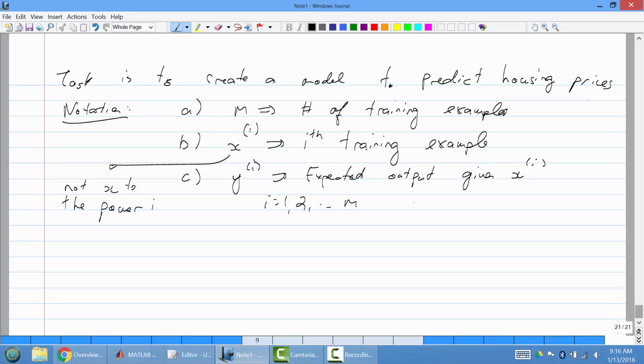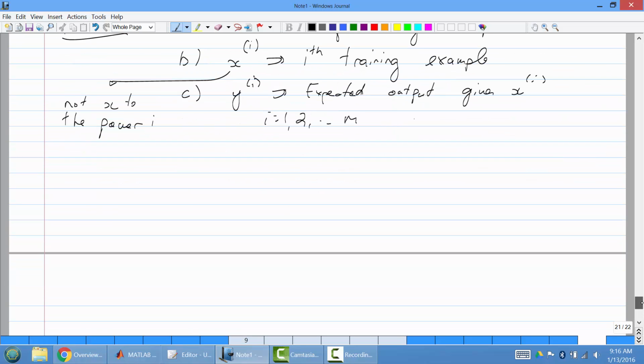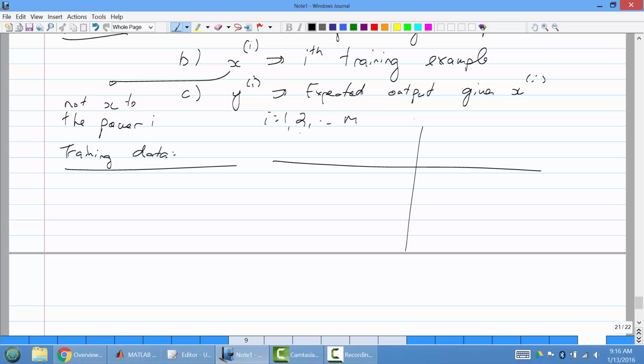Okay, so your table might look something like this. Here's your training data. You've got housing prices, or this is square footage, and this is price. It might look like 2104 and then 1466.